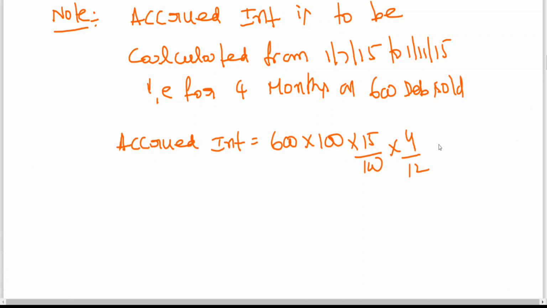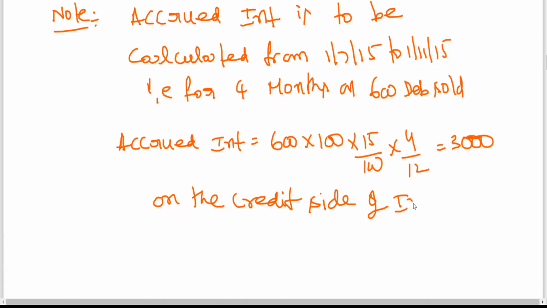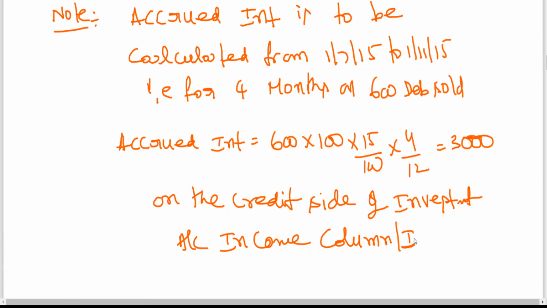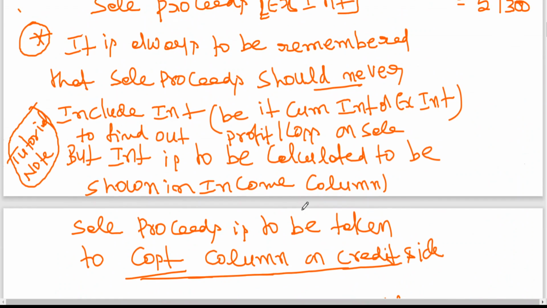This 3000 rupees will be taken to which side? Accrued interest 3000 rupees on the credit side of the investment account, income column, or it is called the interest column. Okay, so this is completed.